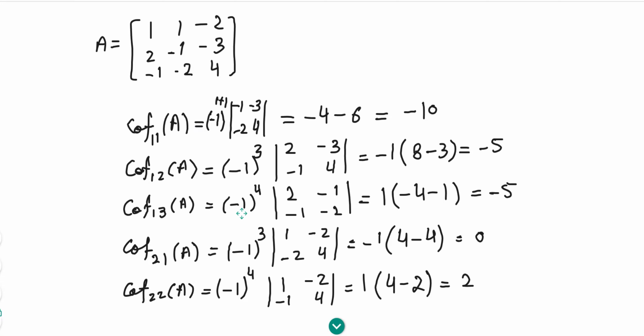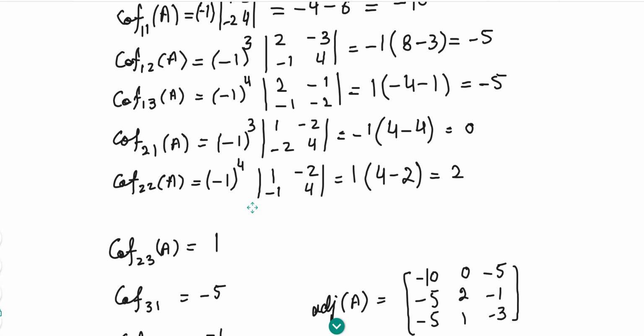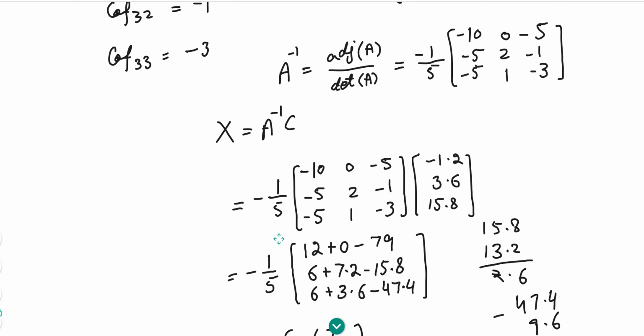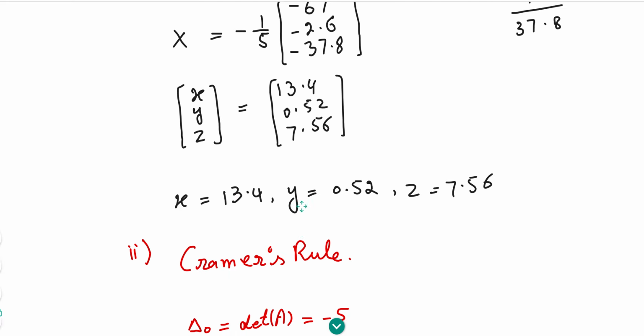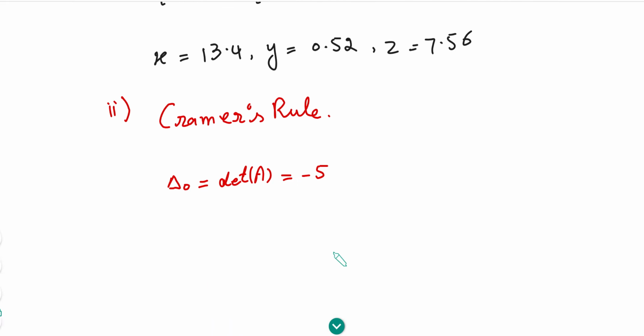So what we can do, we can take these once again, A and C. The A matrix is equal to 1, 1, -2, and 2, -1, -3, then -1, -2 and 4.